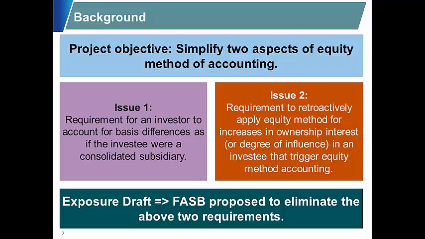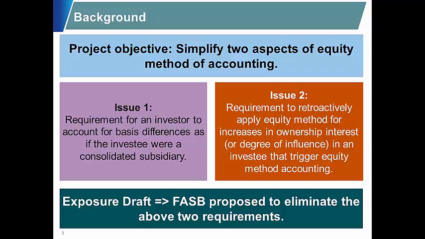The second issue is retroactive application of the equity method. Currently, when an investor increases its level of ownership interest, triggering the use of the equity method, it has to adjust the investment, results of operations, and retained earnings retroactively as if the equity method had been applied during all previous periods in which the investment was held.